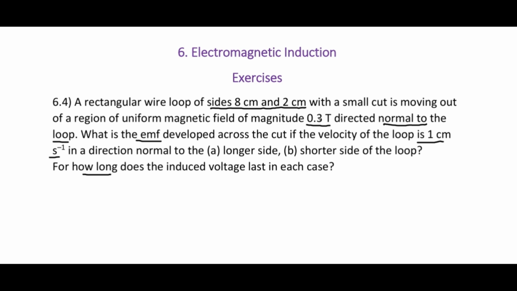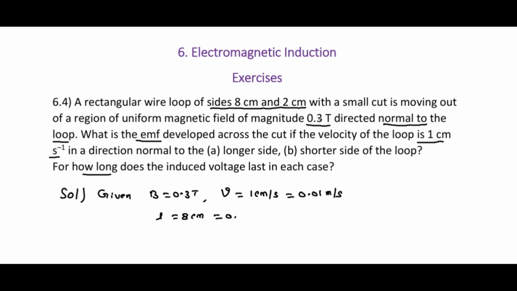Before coming to this, the given values: B is equal to 0.3 Tesla, and the velocity is 1 centimeter per second, that is nothing but 0.01 meter per second, and length is equal to 8 centimeter, that is 0.08 meter, and breadth is equal to 2 centimeter, that is 0.02 meter.